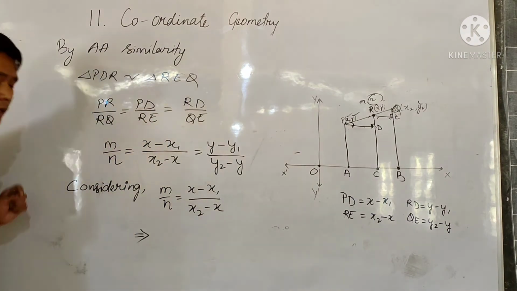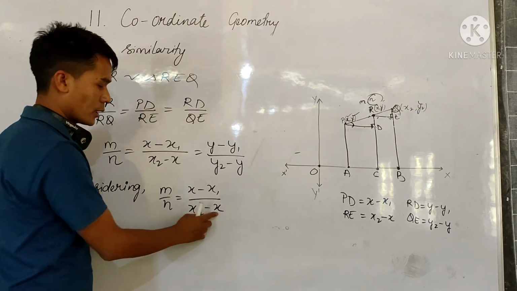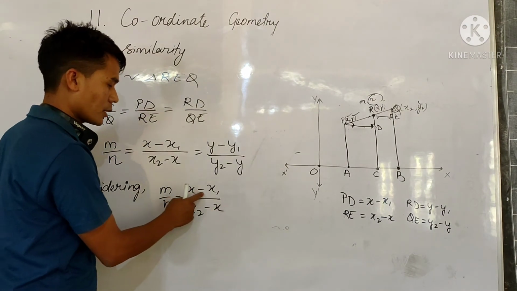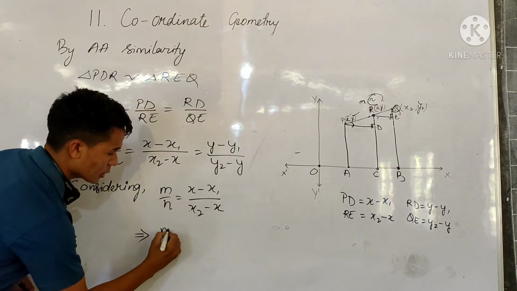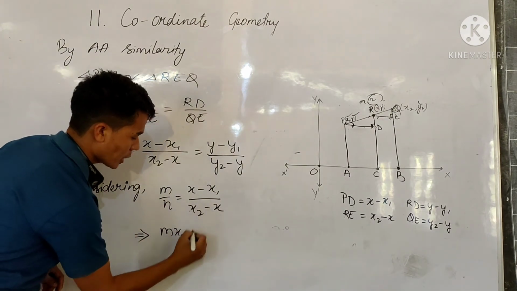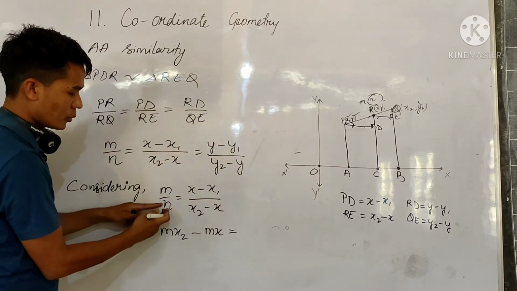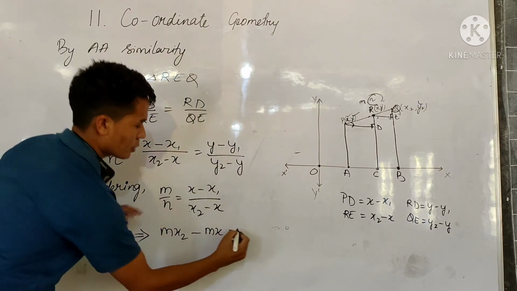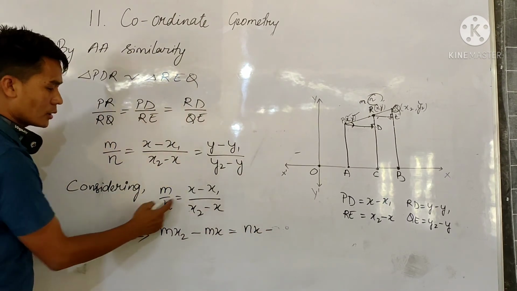So cross multiply. If we cross multiply, m will multiply both x2 and x, and n will multiply both x minus x1. So m into x2, we will get mx2 minus mx equals n into x minus n into x1.